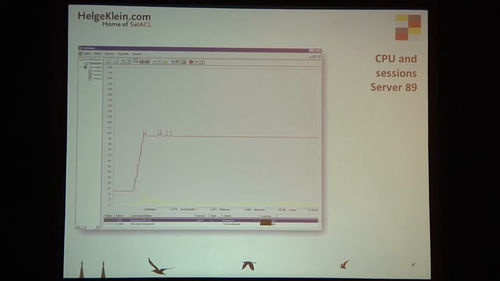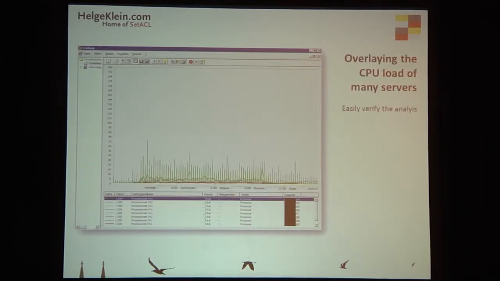So how do we find that out easily? For that, I generated a graph where I overlaid the CPU usage of all these servers. This is going to get crowded, but I can see easily in which range the CPU usage is for all those servers.